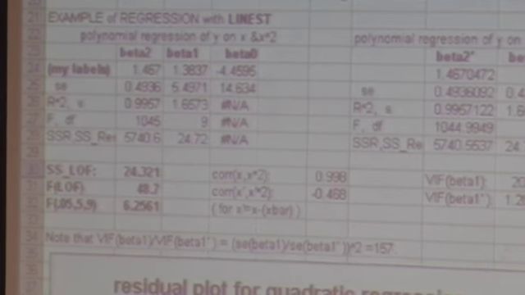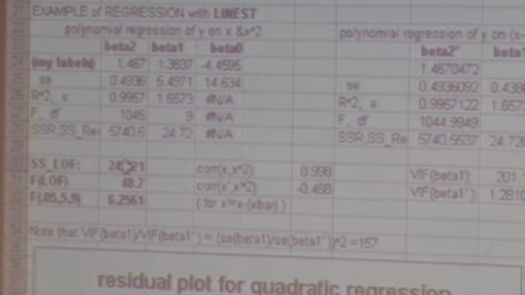My pure error estimate of sigma squared is 0.4 divided by 4, or 0.1, versus sigma squared, which is not estimated here because they don't give MS res, versus about 2.7. So the lack of fit estimate of sigma squared is something about.